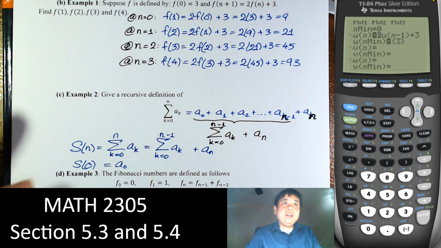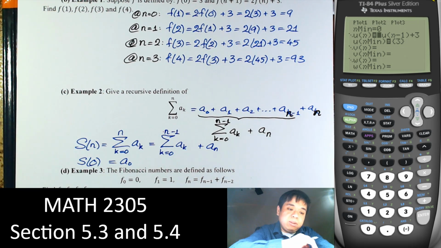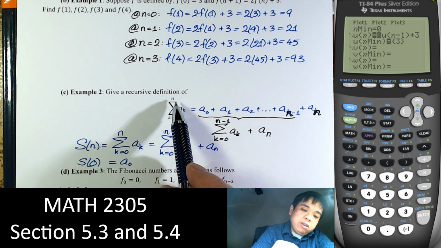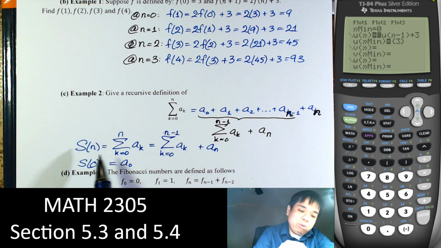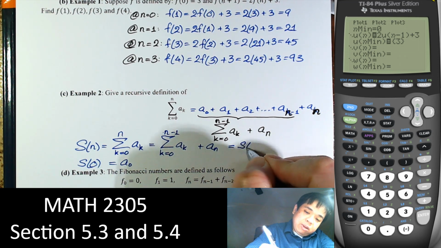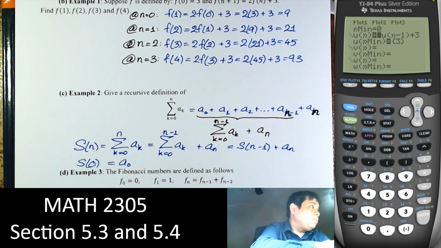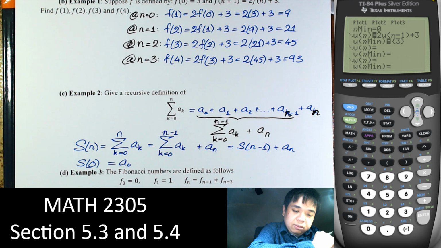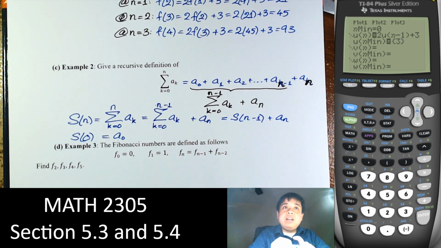So this is the recursive definition: s of 0 is a of 0, and then recursively s of n is equal to s of n minus 1 plus h of n.